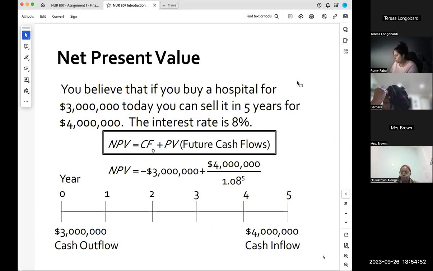In the end, the conclusion is whether it is worth the purchase. I didn't do the calculation yet, but you're going to check if this is worth $14 million or more.